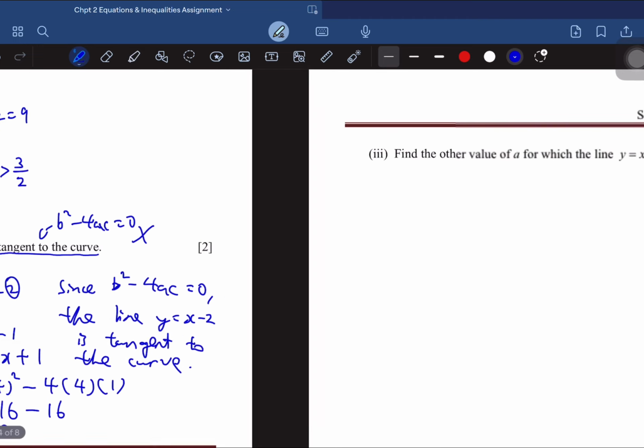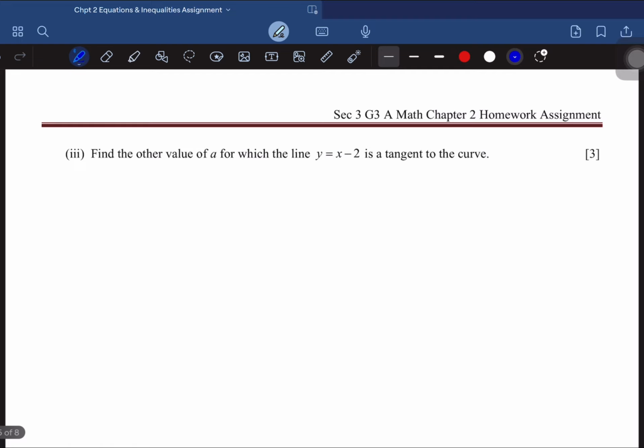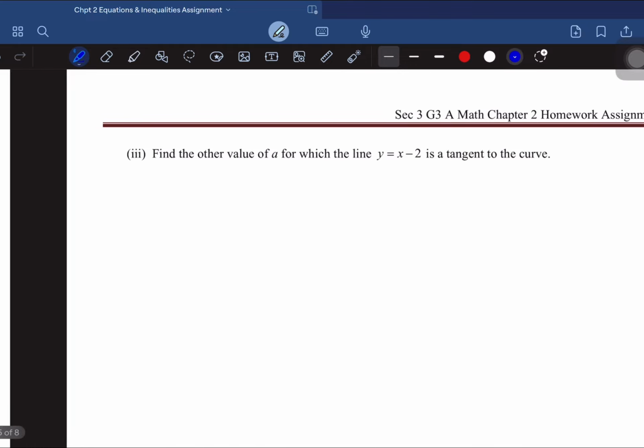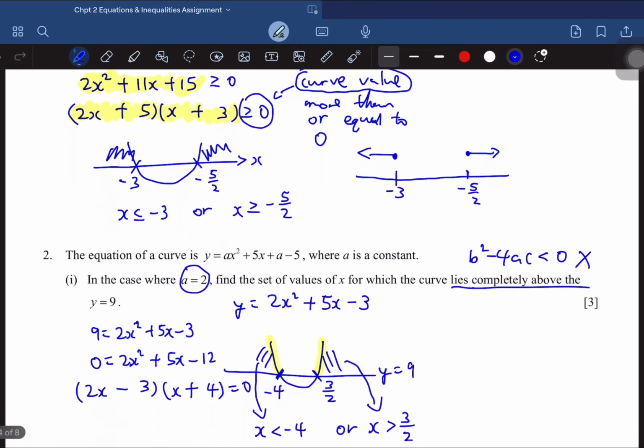Then our last part: find the other value for a for which the line y equals to x minus 2 is tangent to the curve, the other value. Okay, so you can see over here is actually an extension of our part 2.